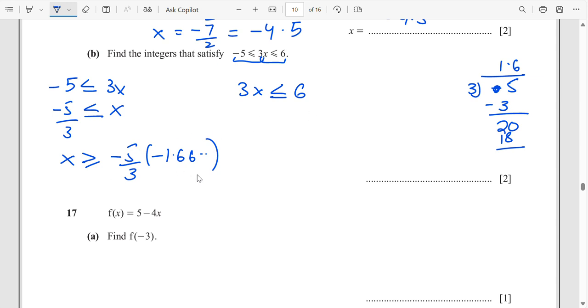So x is greater than minus 1.66, and over here we divide by 3, so x is less than or equal to 2. It says to find the integers that satisfy, so we need all the integers greater than minus 1.66 and less than or equal to 2. So here we'll have minus 1, 0, 1, and 2.